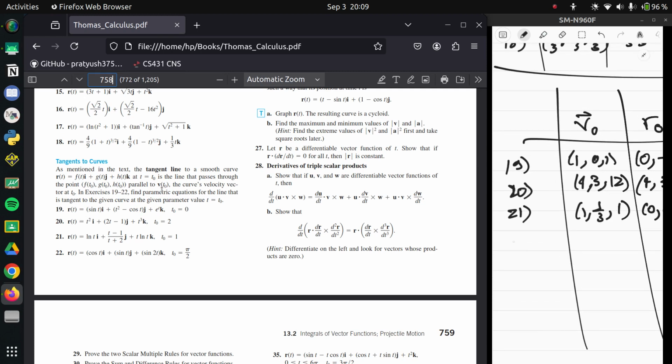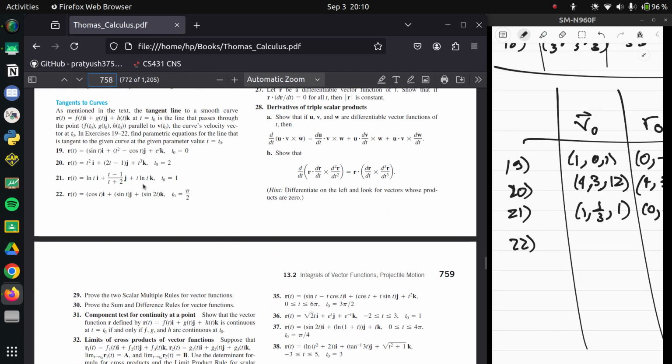Yes, next 22. 22 is r, this stuff at t equal to pi by 2, so cosine is 1, sine is, and this sine 2t stuff is 0, so yeah, sure. And sine is 1, cosine is 0.